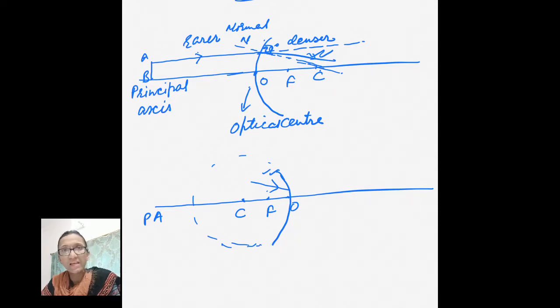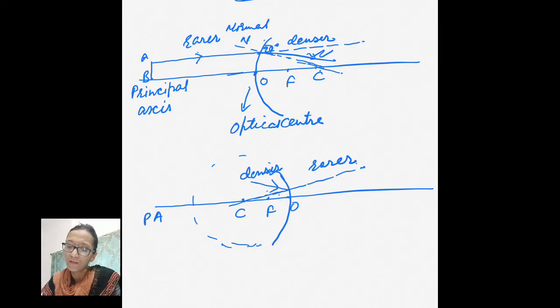The same rules of refraction apply. When light goes from denser medium, now this lens medium is the denser one, to rarer, it will bend. Now which way will it bend? For that we need a normal ray. Here we have a normal ray, a ray at the point of incidence along the radial direction.